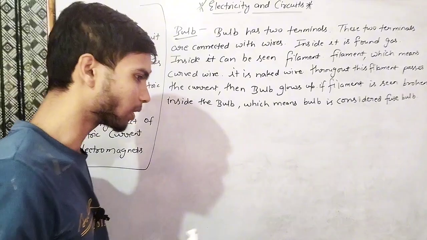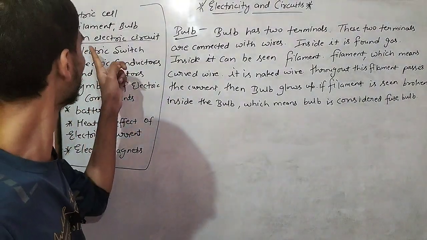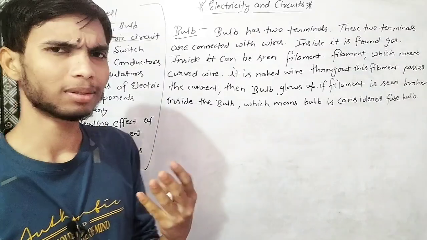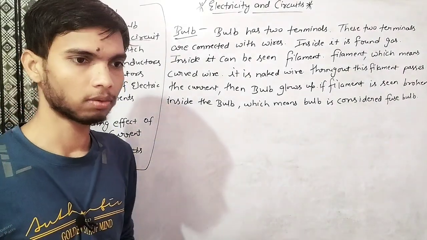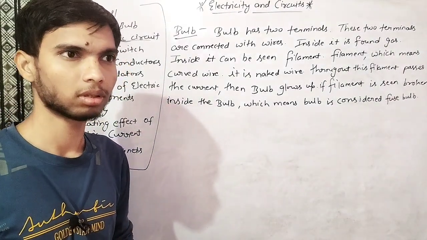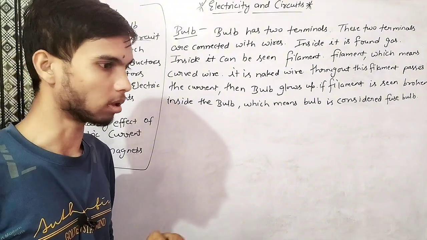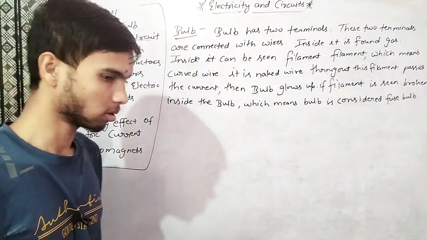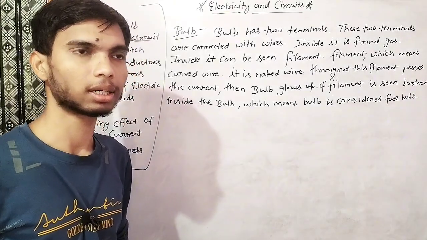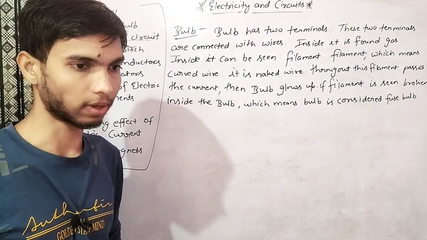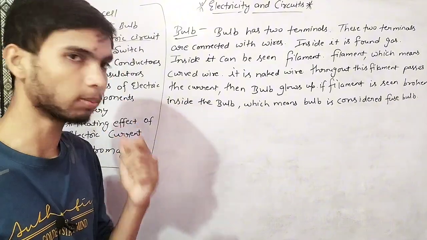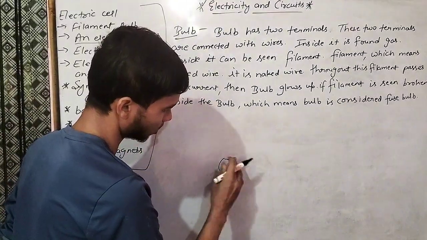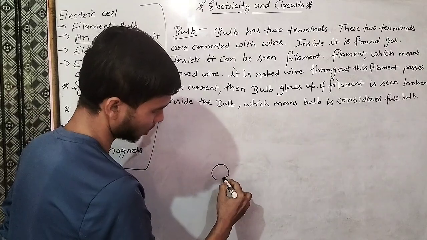To define an electric circuit, we should have at least two or three materials. First of all, an electric device such as a bulb, and second, an electricity source from which electricity will be provided. So this is a bulb.